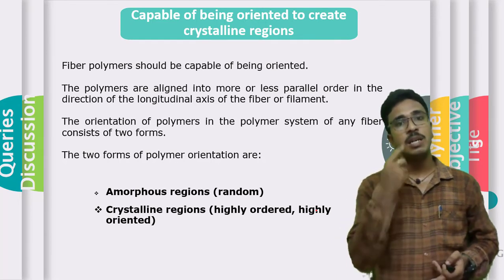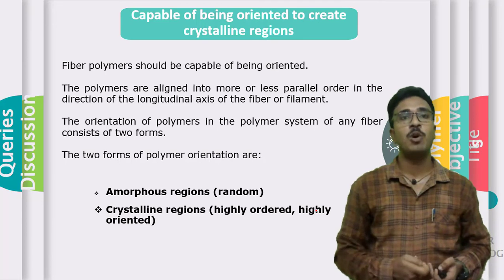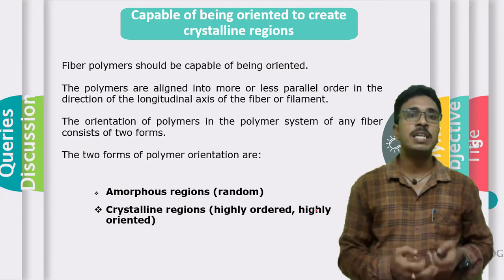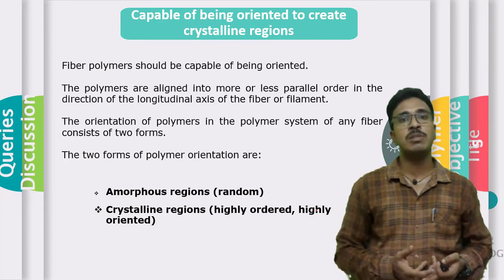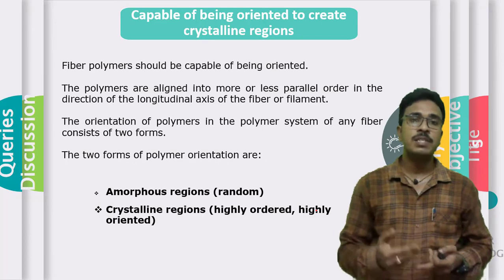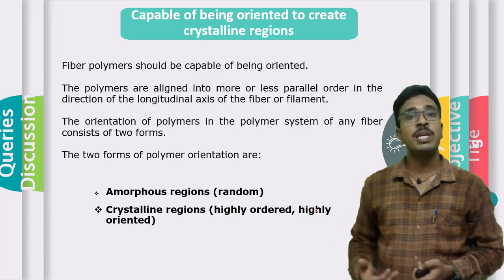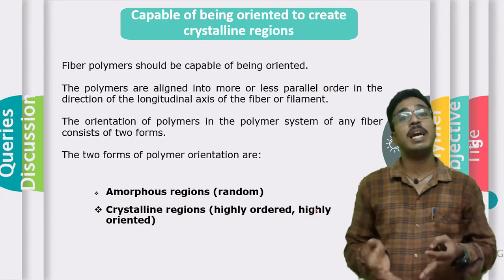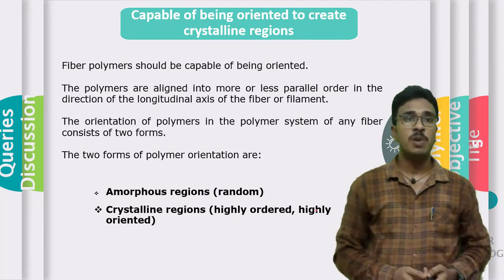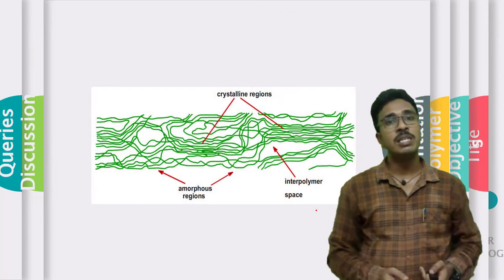Understand? So there are two forms of polymer orientation: the amorphous region, which indicates random arrangement of molecules, and crystalline regions, which are highly ordered, highly compact arrangements of molecules.